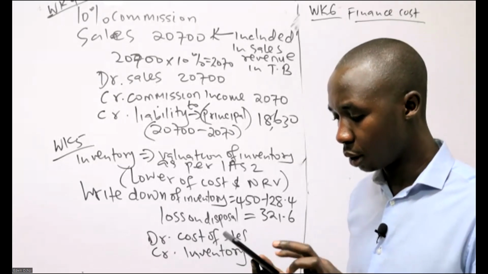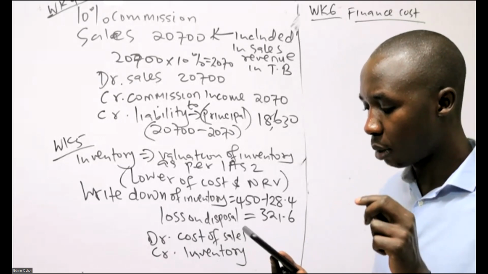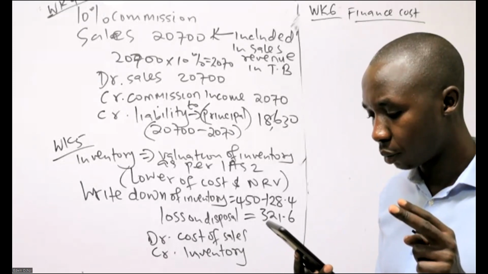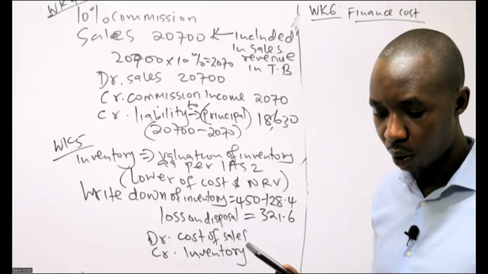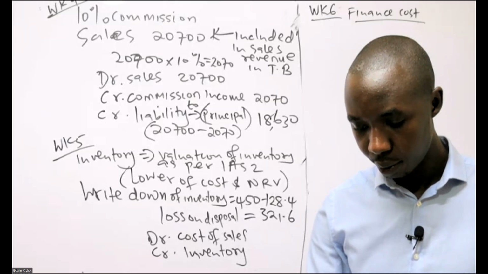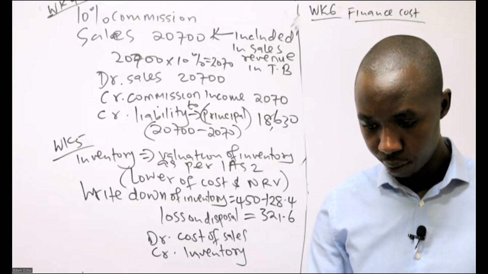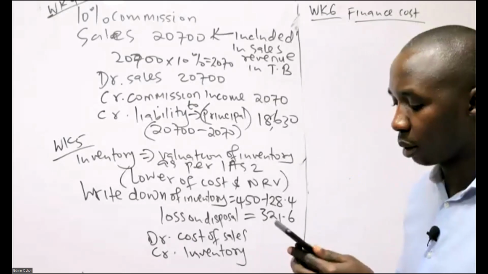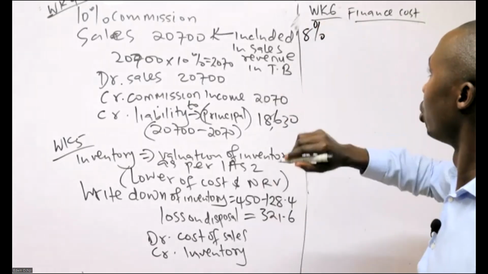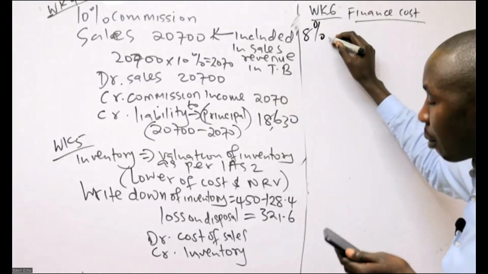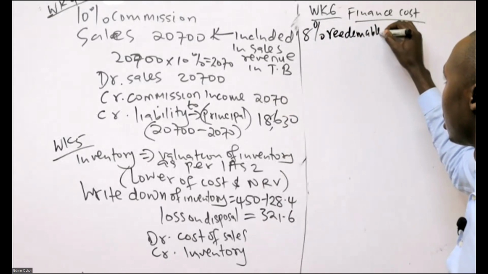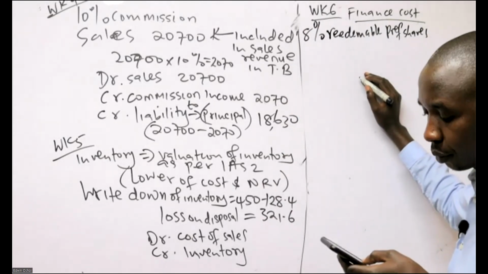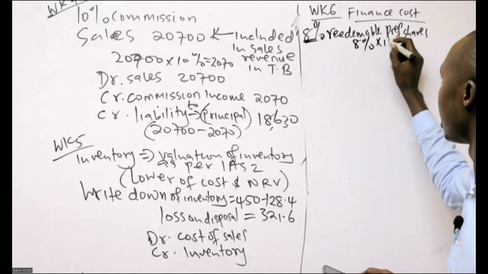But now, if you go to your trial balance, I can see we have 2 items: 8% redeemable preference shares of 15,000, and the contractual rate is 8%.